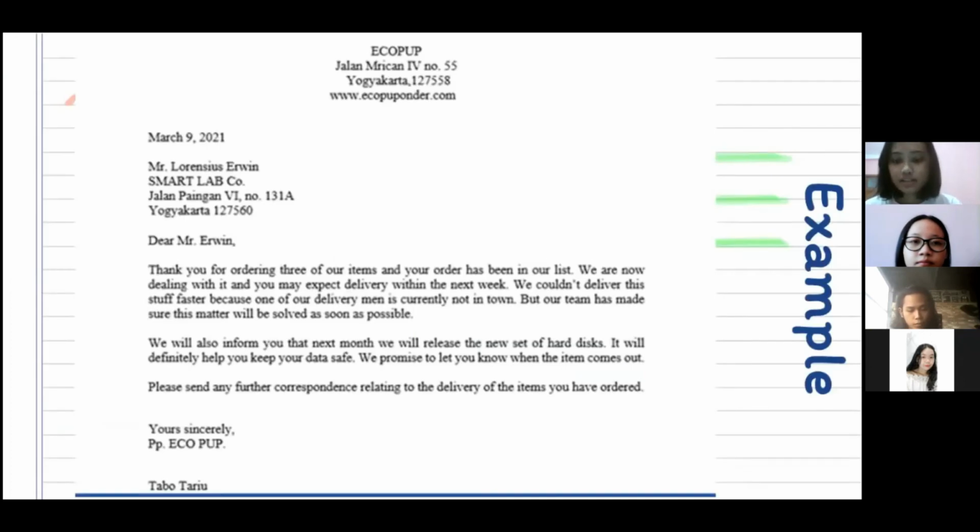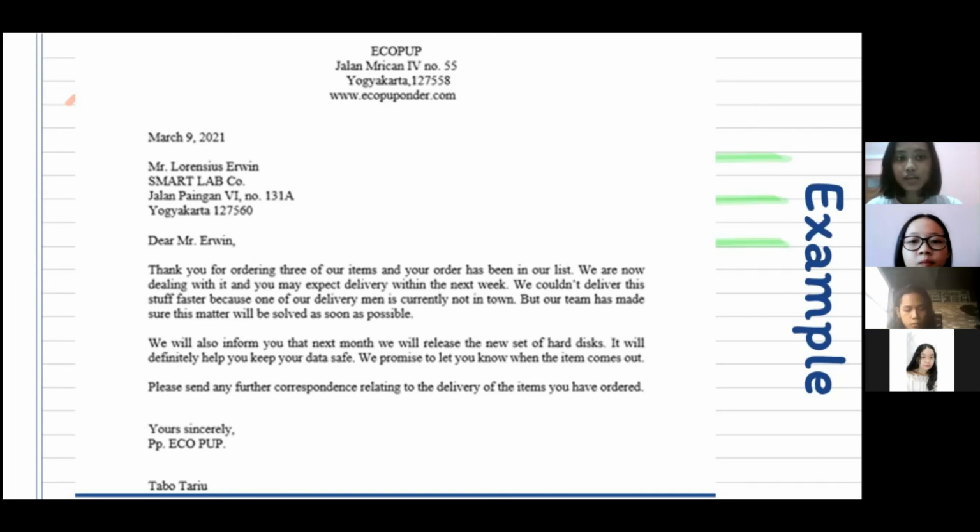As you can see, at the top of the letter, there is the sender's name and the sender's address. Then below it, we have the date.